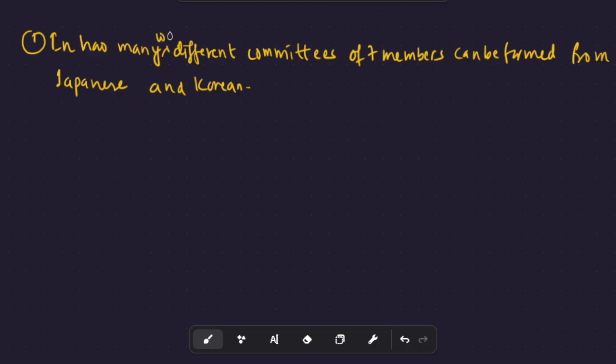Okay, in how many ways different committees of 7 members can be formed from 8 Japanese and 4 Koreans?